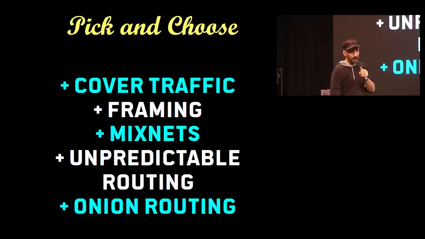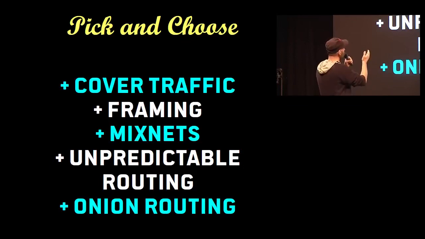So we have actually a choice of tools to protect anonymity, to protect metadata, and to protect content. And in order to achieve certain goals, we can actually sometimes, for reasons of practicality, leave something out. So on a mobile phone, maybe we don't want to do cover traffic all the time.